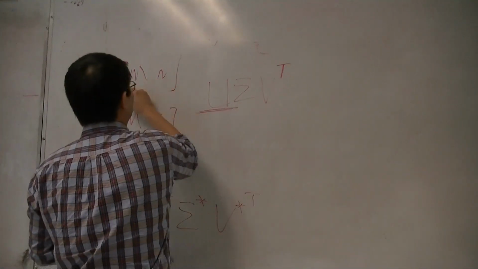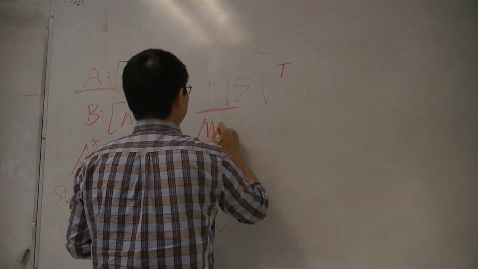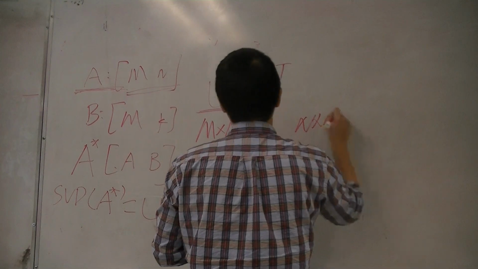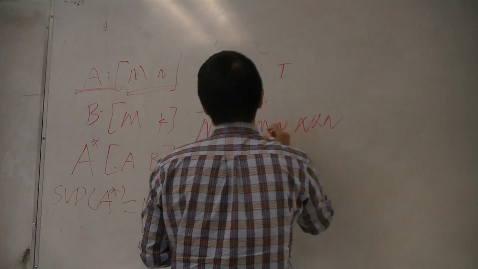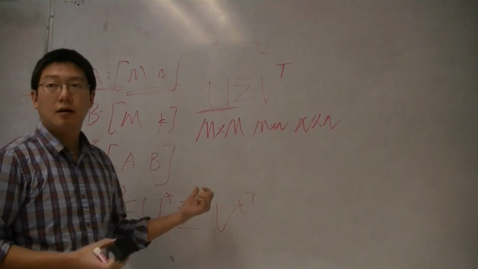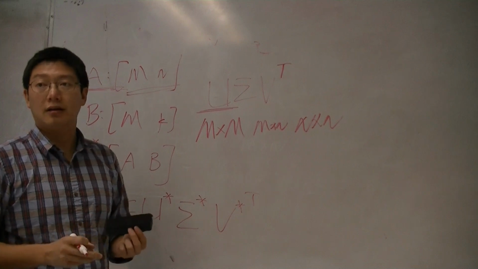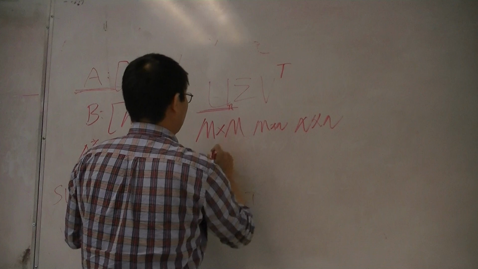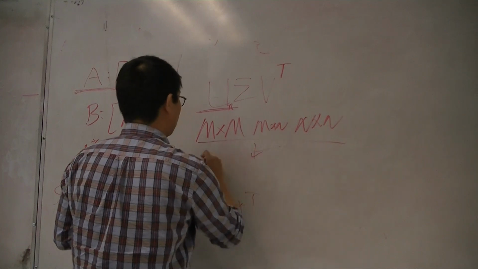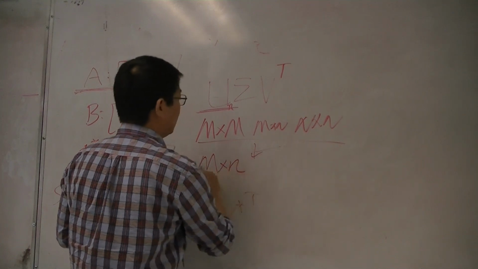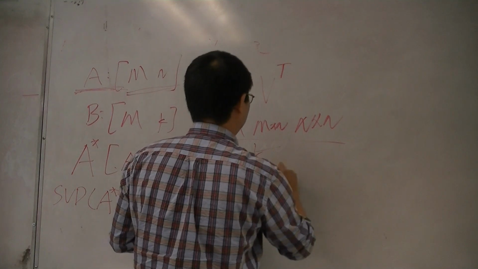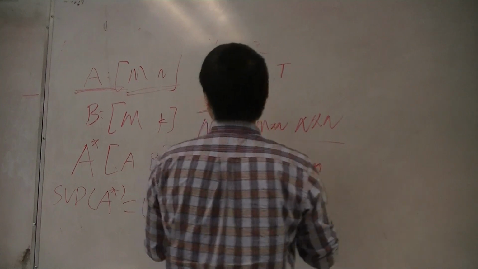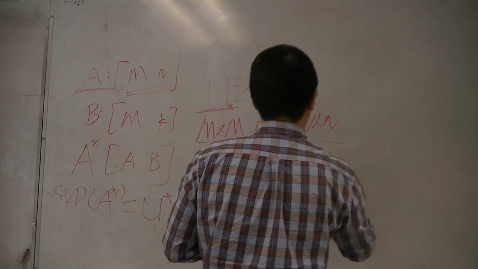This is M by N, and we get this M by M, this M by N, and this N by N. Since we just keep the largest small n number of vectors, this turns into only keeping M by n columns, and this is n by n, and this is also n by n.